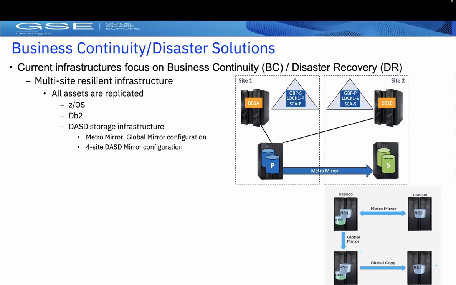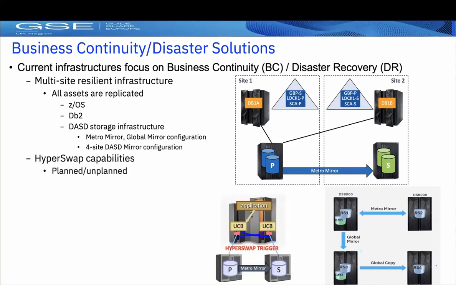On the bottom right-hand corner, we've taken the DASD mirroring solutions, and I'll refer to it as IBM technology today, a 4-site solution. So we have Metro Mirror across the local site and global, and then Global Mirror. So we have 4 sites. We could change the personality. We could run on one data center for 6 months and another data center for another 6 months. The swap and stay mentality. So all things that we have done fantastically over the years.